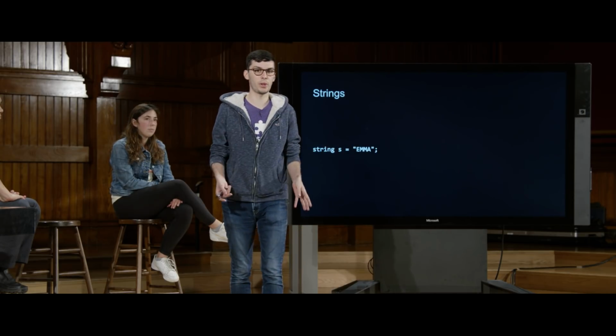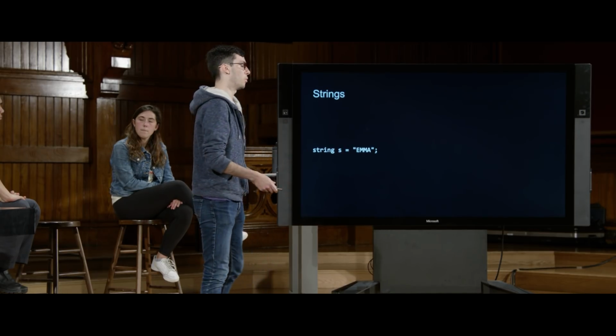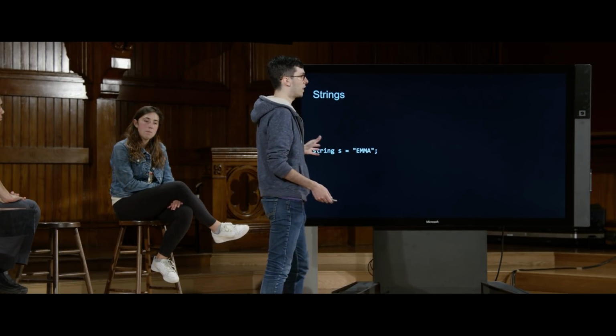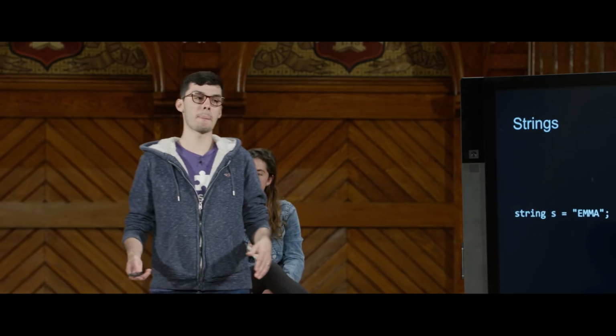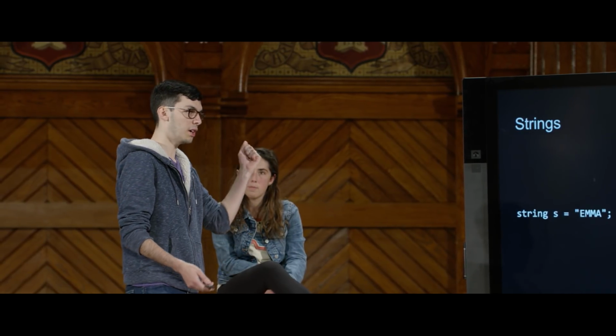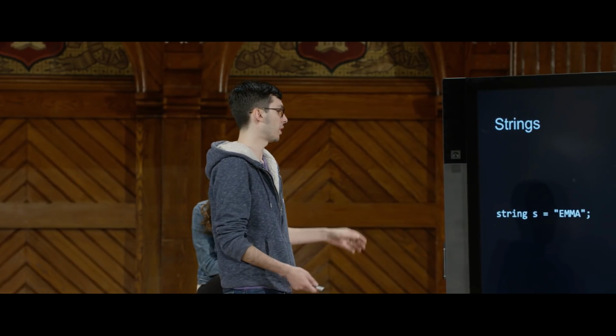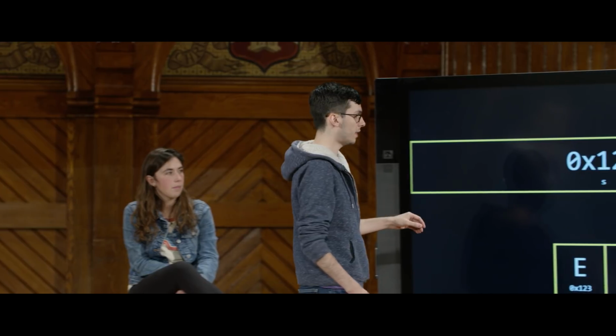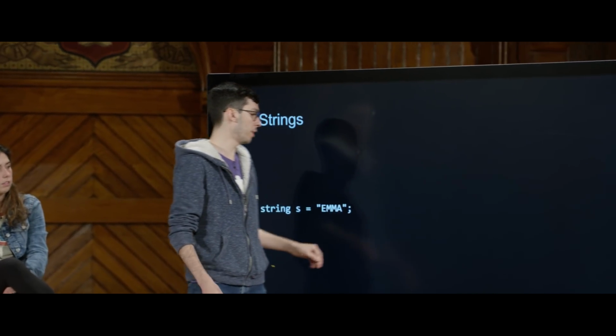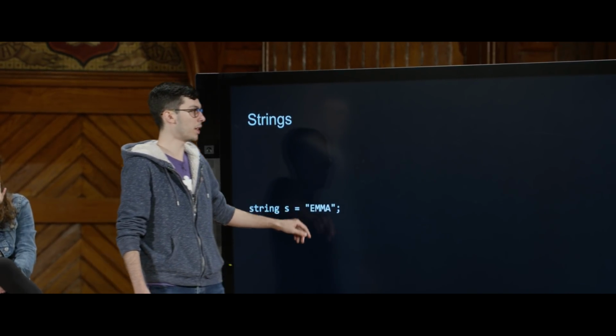In the context of strings, to make it a little bit more concrete, we said to you at the beginning of the course that strings were just arrays of characters, and we kind of left it at that. And then later on, we kind of took off the training wheels, and you saw that a string is essentially just a pointer, where here we define the string called s that stores Emma.